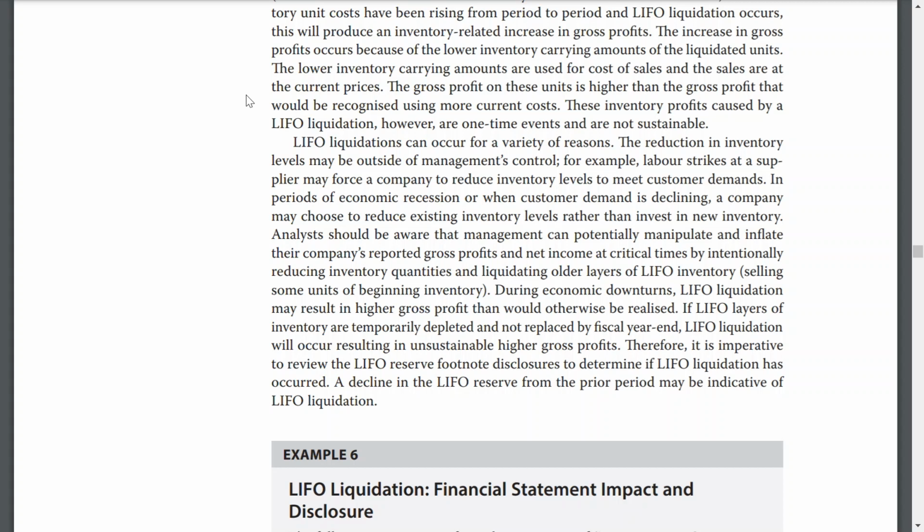If LIFO layers of inventory are temporarily depleted and not replaced by the fiscal year's end, LIFO liquidation will occur, resulting in unsustainable higher gross profits. Therefore, it is imperative to review the LIFO reserve footnote disclosure to determine whether LIFO liquidation has occurred. A decline in the LIFO reserve from the prior period may be indicative of LIFO liquidation.